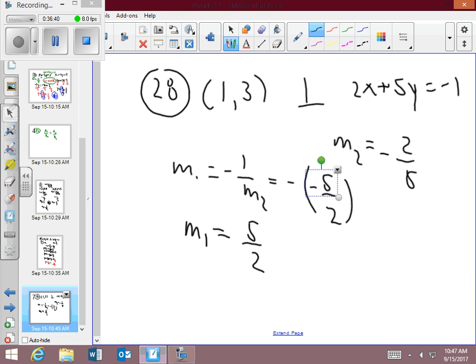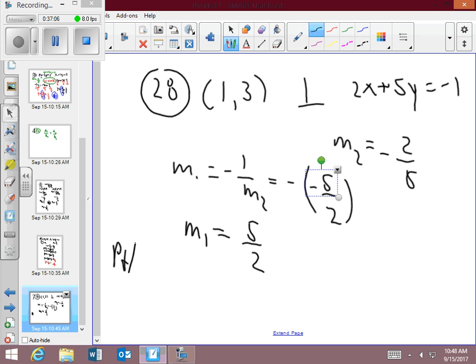Now, the process of finding the answer here is the same as the previous problem, correct? What's the equation we're going to plug into? I don't want to do that process. What is it? Do you remember? It's going to be point slope.